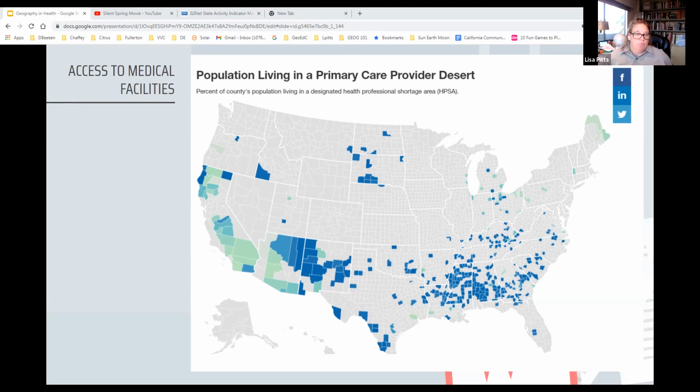Gray is good. Blue is bad. Green is okay. So it goes from green to blue. So 9% of all the U.S. counties live in a primary care provider shortage area.